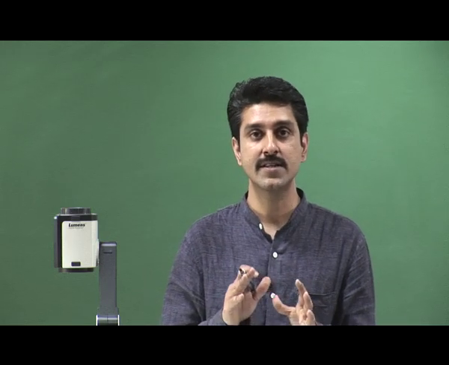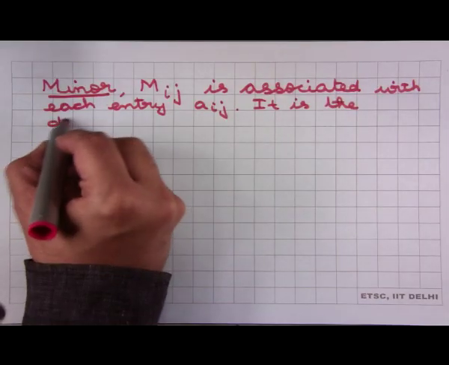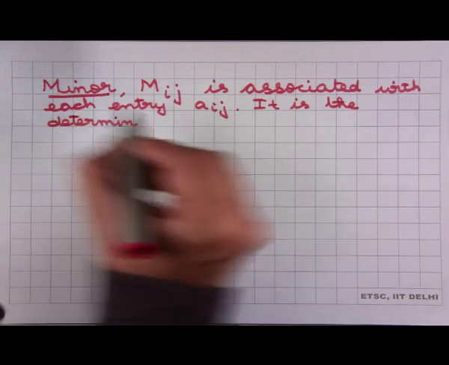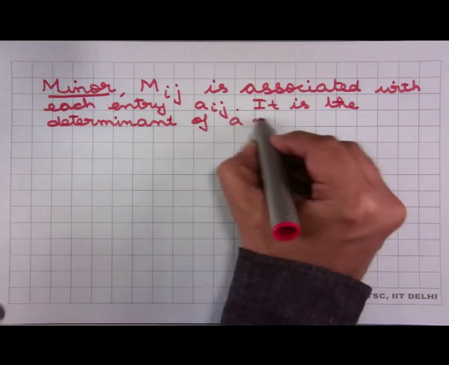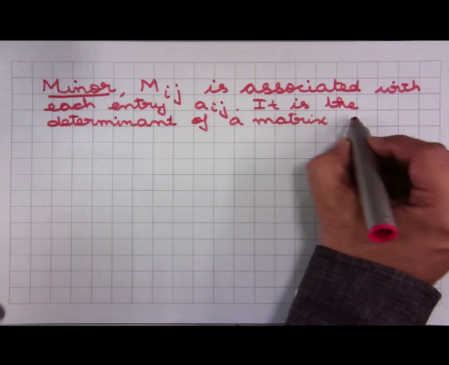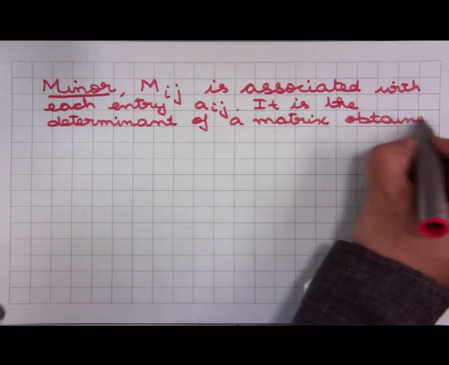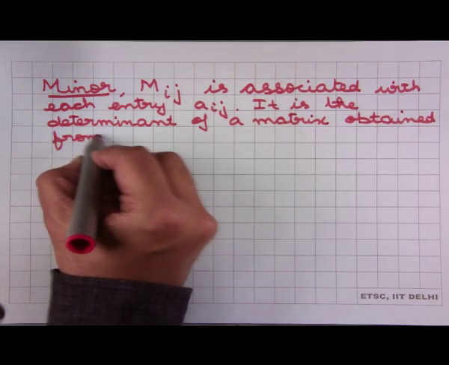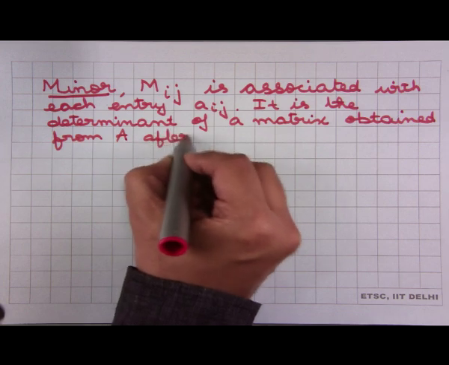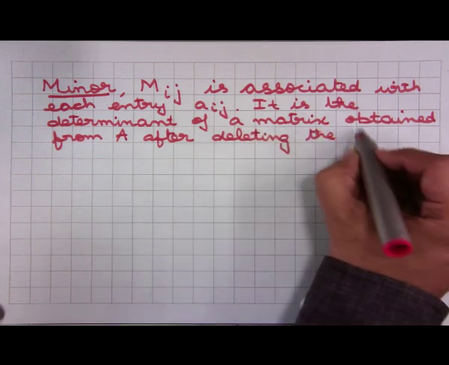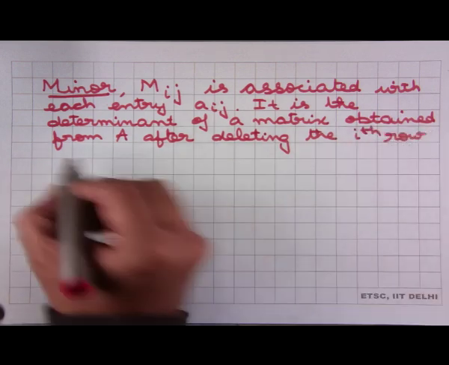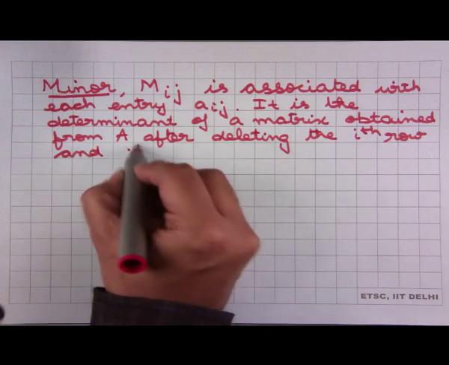A minor is nothing but the determinant of that matrix. It is the determinant of a matrix obtained from A after deleting the ith row and jth column.